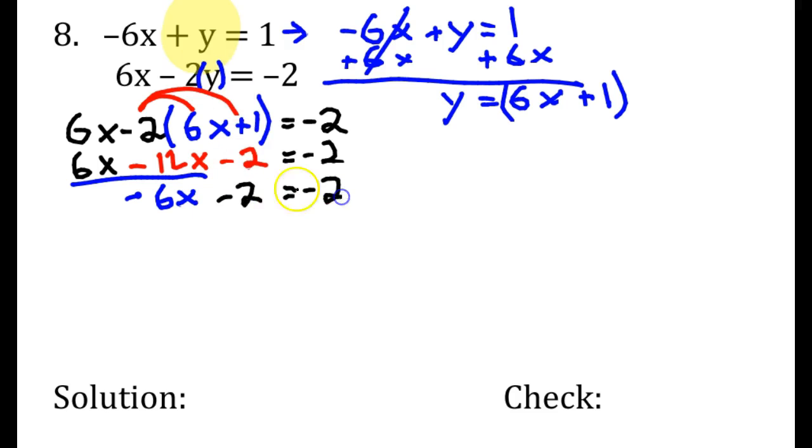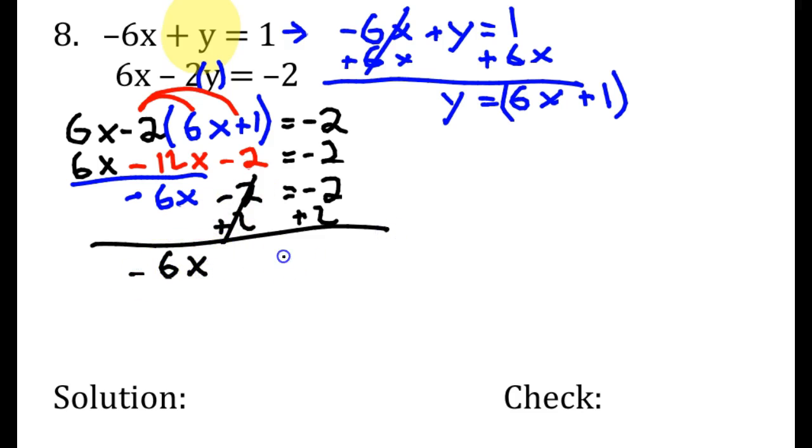And we're going to add 2 to both sides here. We got a minus 2, we're going to add 2 to both sides. So negative 6x equals 2 minus 2, which is 0. So negative 6 times what is 0? You get 0. Yeah, divide both sides by negative 6, and x equals 0.